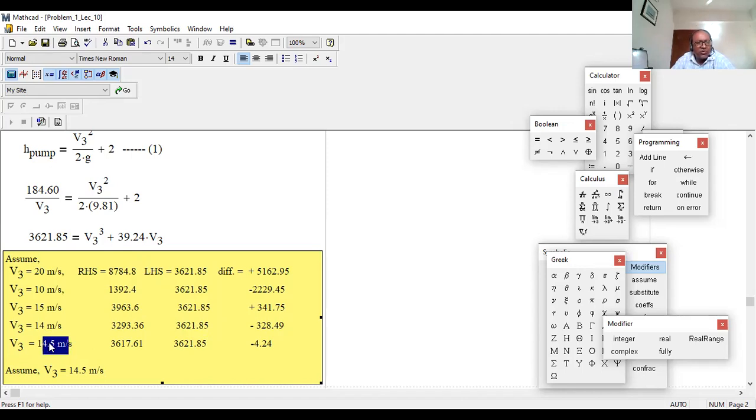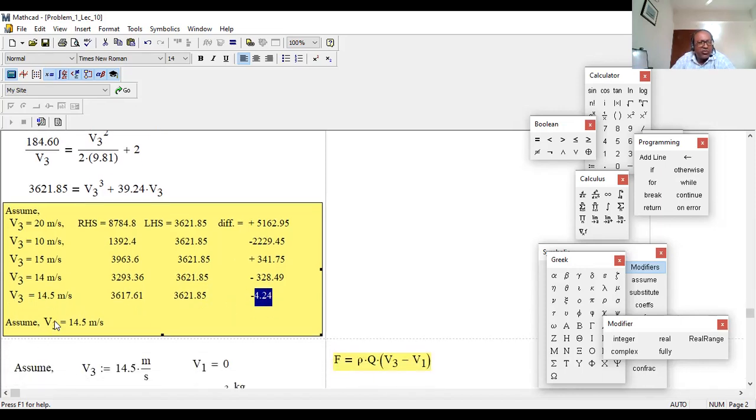So I start with 14.5. Left side is this much, right side and left side this much. Difference is 4.24. So I think this is acceptable. You can try more. So finally, I assume V3 equals 14.5.